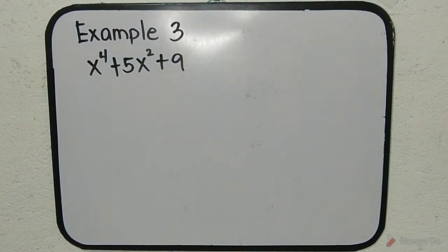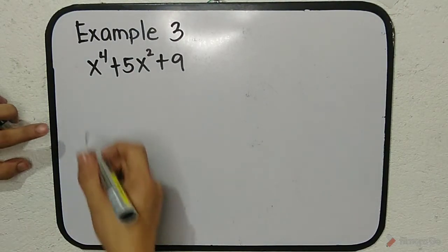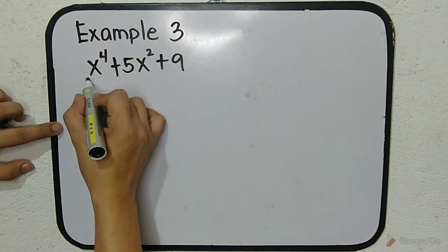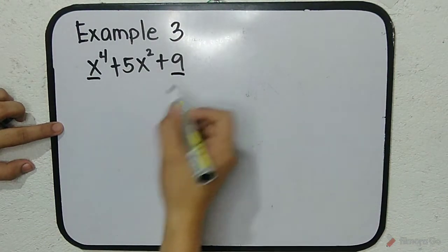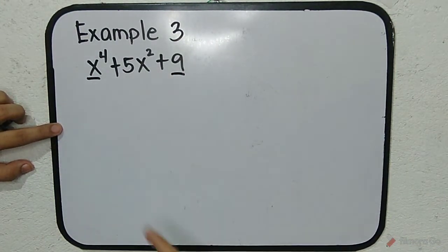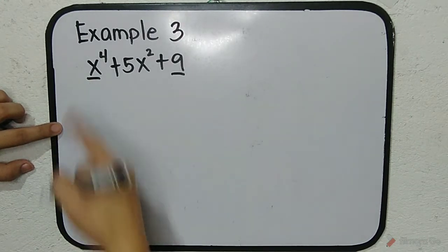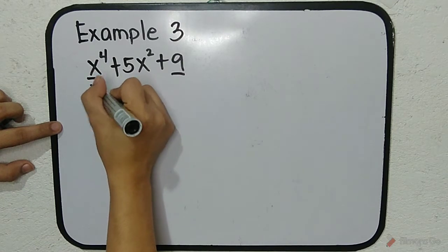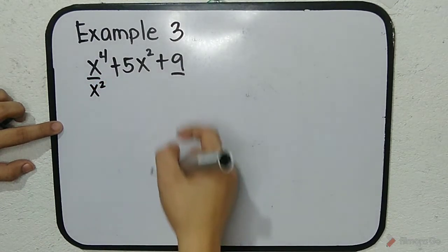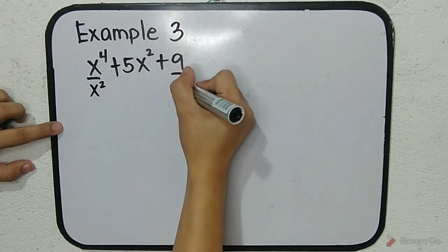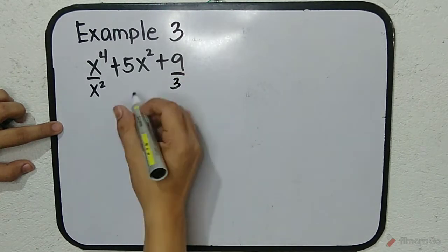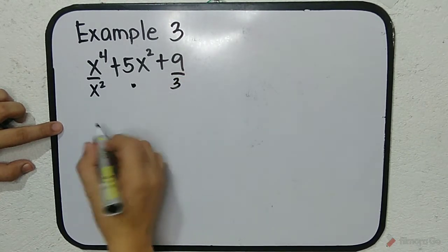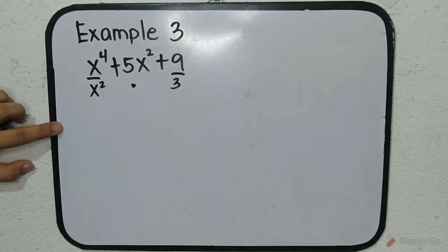So, kagaya ng ginawa natin kanina sa mga naunang examples, kukunin muna natin ang square root ng ating first and last term. So, x to the fourth, anong square root ng x to the fourth? X squared. So what is the square root of 9? That is 3.